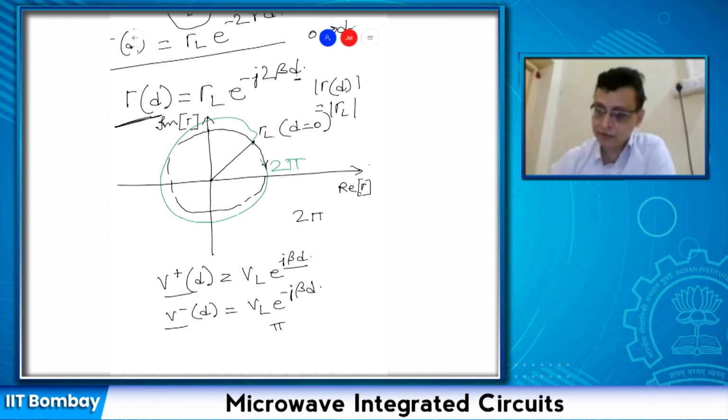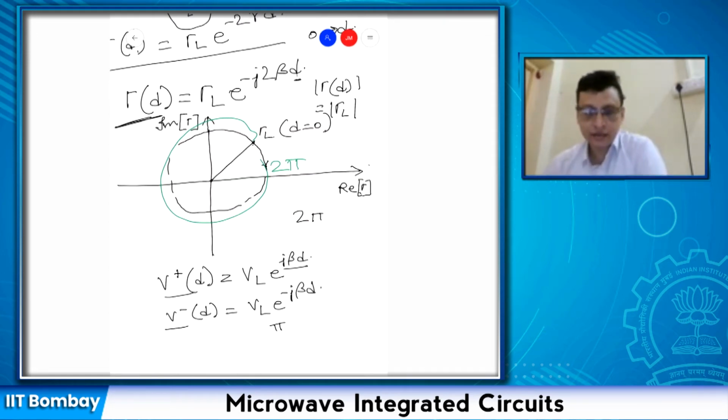And this is double the phase change in the transmission line. So if 2 pi is my total phase change in gamma, then the maximum phase change in V plus D or V minus D will be pi. And this is one other way of proving the periodicity, that all the properties of the transmission line repeat after every pi phase change.